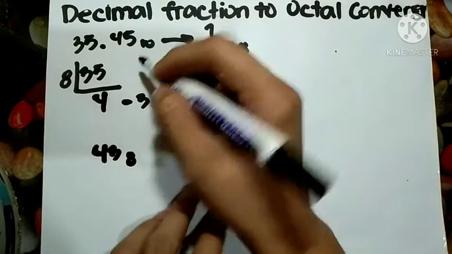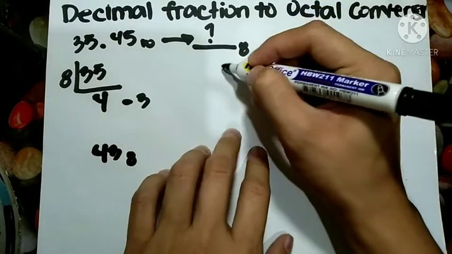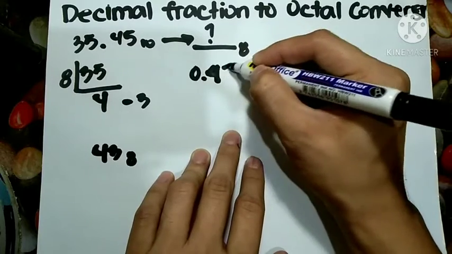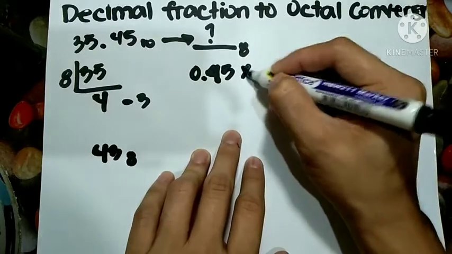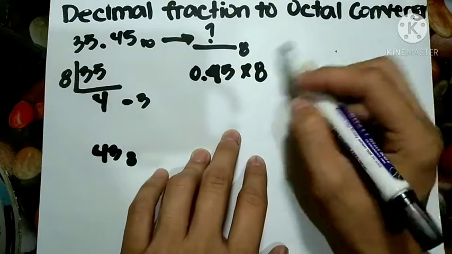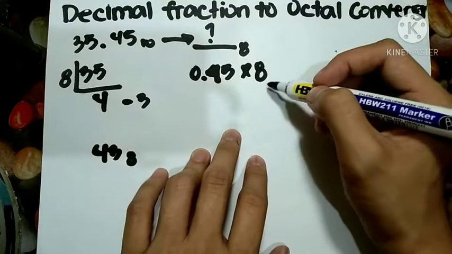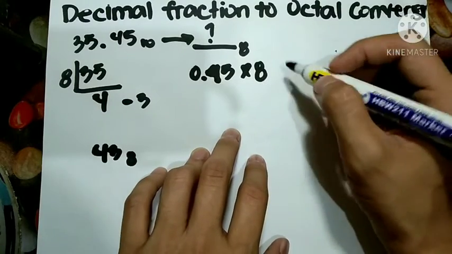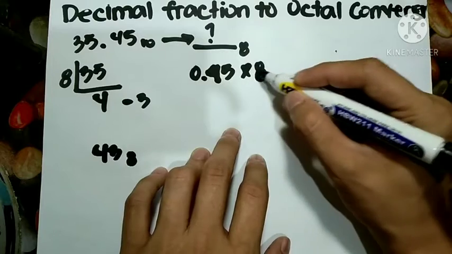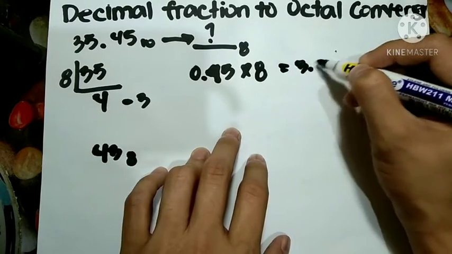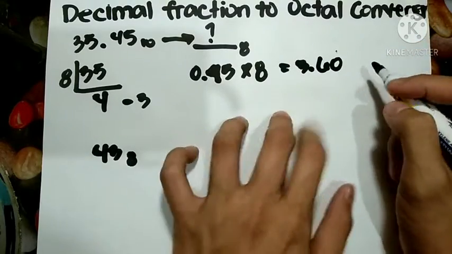Then for the fraction part, let's multiply 0.45 times 8, because again our octal is base 8, so we need to multiply it by 8. Then 0.45 times 8 is equal to 3.60.